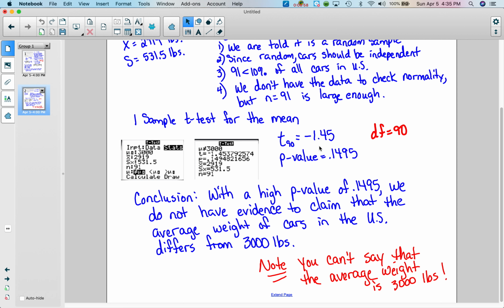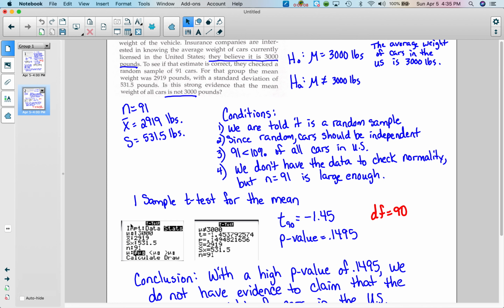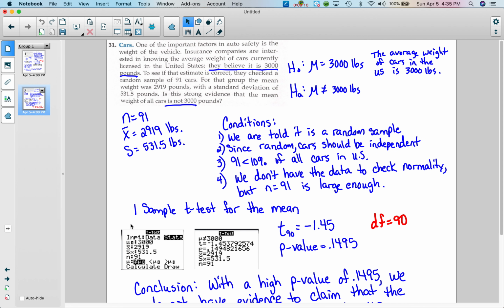That is not that unusual. So we don't have enough evidence then to accept that alternative hypothesis. So hopefully that helps. And I hope that you see the similarities to proportions when you're going through the specifics of this, other than make sure you are using the right symbols because now we're talking about means.